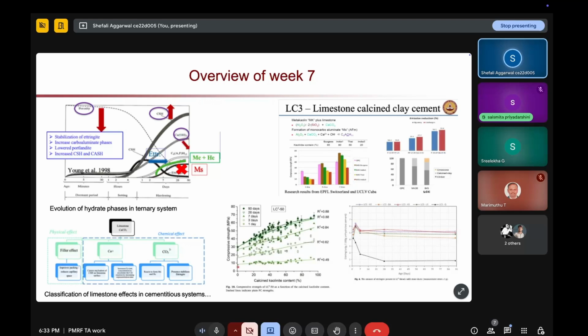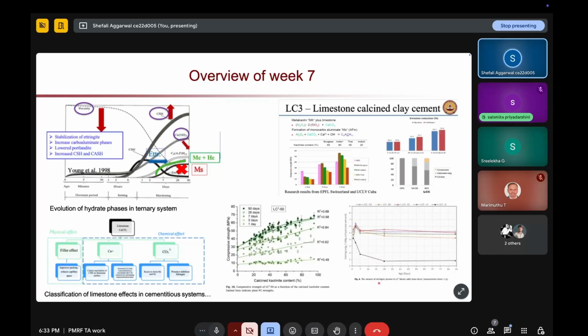If we talk about only the 28 days value, so if this is a graph for 28 days, the more the clay content, the more the strength value. However, it is not much difference, it's not going from 20 to 40, but still the increase in clay content will increase the strength of our system.